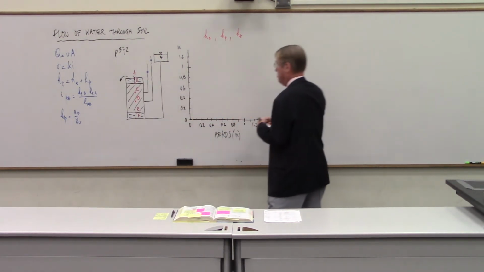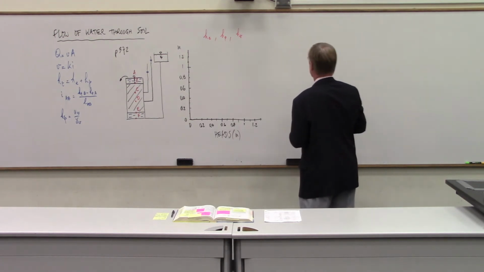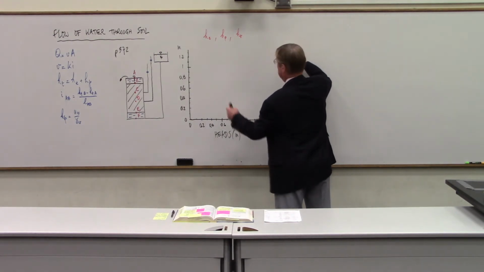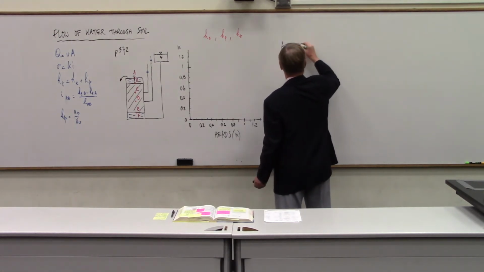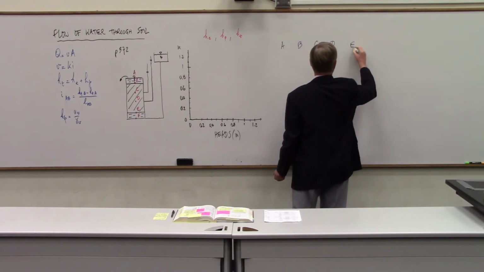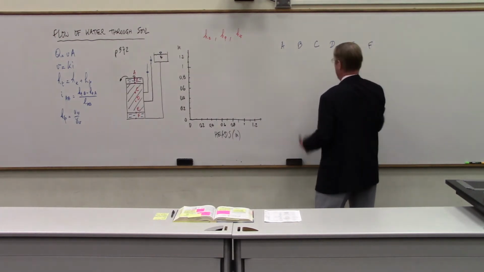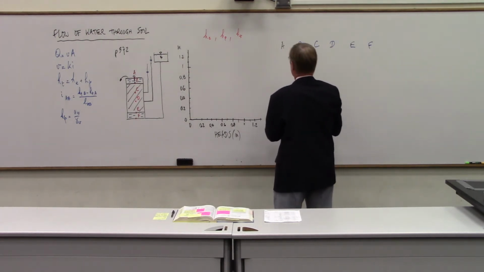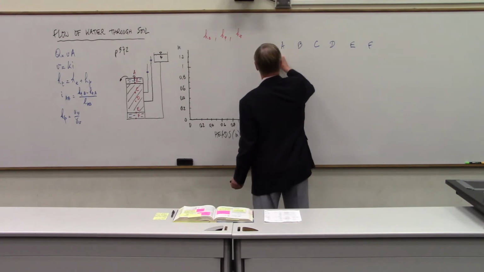And we're going to create a table, if you wish, that will have the points, so A, B, C, D, E, and F. And then for each one of those, we're going to give the elevation head, the pressure head, and the total head.